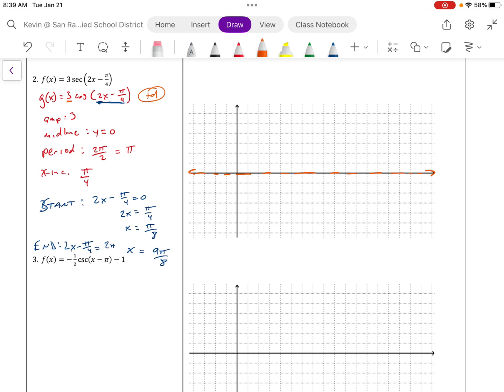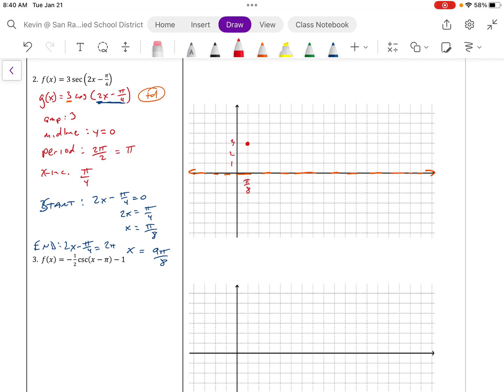But because we have an amplitude of 3, and remember, cosine starts at the max point, so cosine would normally start at 1, but in this case, it's going to start at 3, out here at pi over 8. Pi over 8 at 3. Okay, there's our starting point.